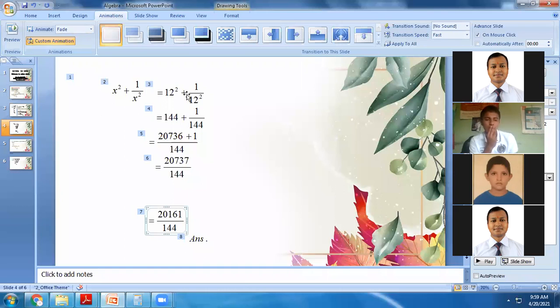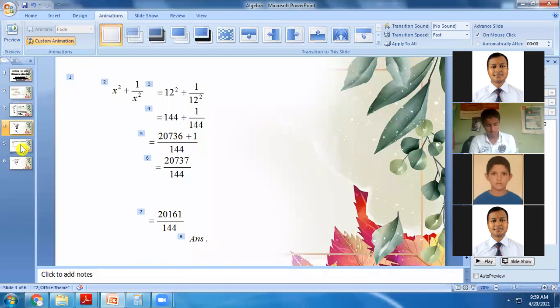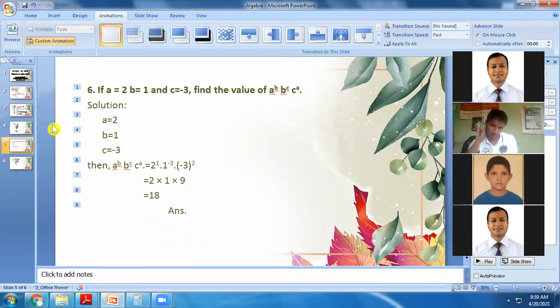Did you understand the method? You can do it like 12 square plus 1 by 12 square, or as we used the formula, (x plus 1 by x) whole square minus 2 into x into 1 by x. This is the next method. So you can't cancel out like that.